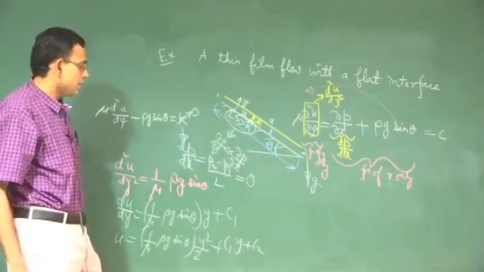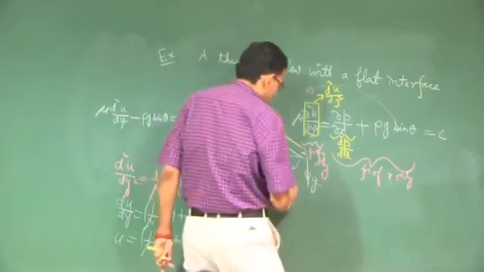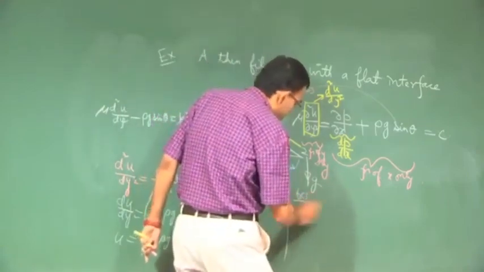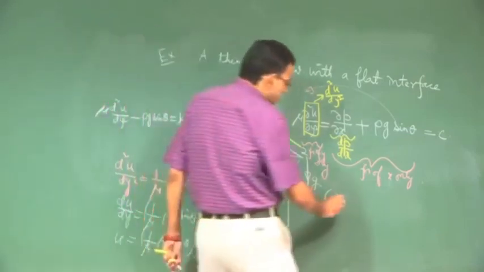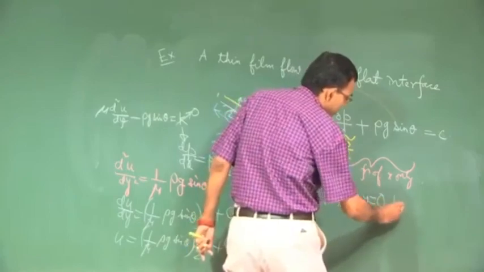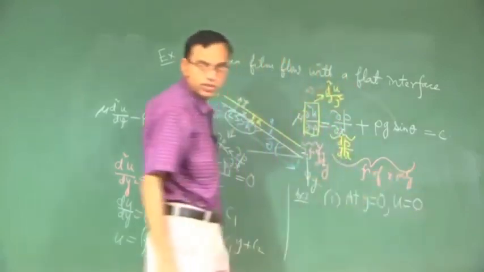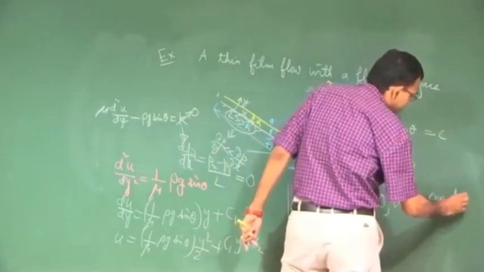What will be the constants c1 and c2? We have to work out two boundary conditions. The first boundary condition is very straightforward. At y is equal to 0, that is at the inclined plane, u equal to 0, this is no slip.